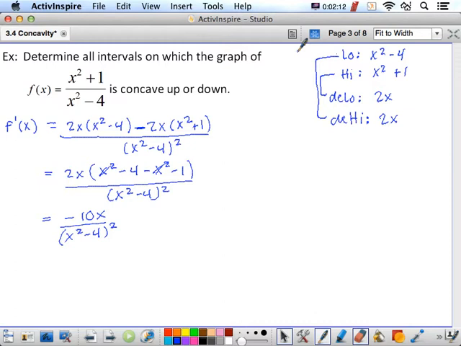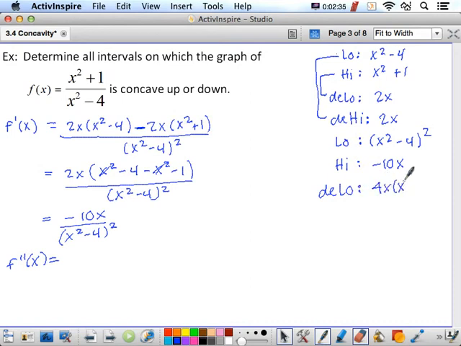So now that we have the first derivative, we're going to do the quotient rule again and try to find the second derivative. Okay.